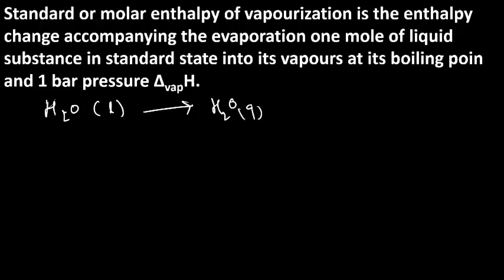Gas means vapors. Keep the point in mind. Therefore, ΔH vaporization is equal to plus 40.6 kilojoule per mole. Evaporation takes place at normal temperature, therefore it takes energy from the atmosphere. Whereas if we bring the water to high temperature, then it boils. So that is the enthalpy of vaporization.